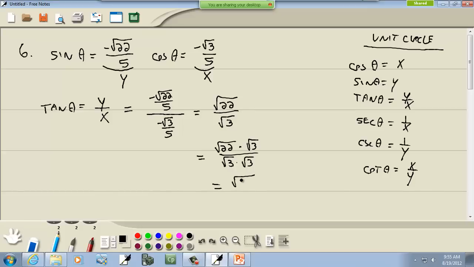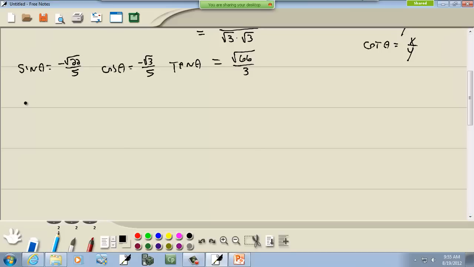And we'd end up with square root of 66 over 3. And that's tangent. And remember, sine was negative square root of 22 over 5, and cosine is equal to negative square root of 3 over 5.